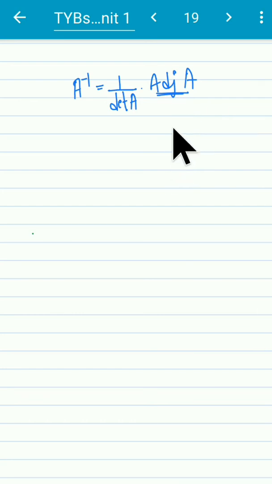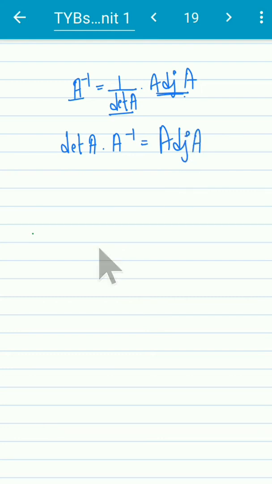After this I want to simplify this and make one good result which we are going to use. This is a matrix, this is a matrix, but this is just a scalar. I take the scalar onto this side, and I get determinant of A times A inverse is equal to adjoint of A.